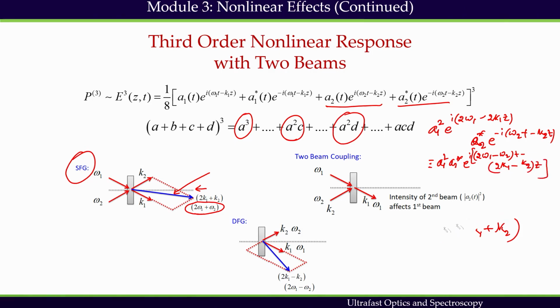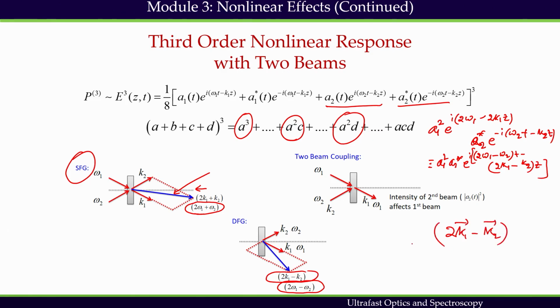So for difference frequency generation, this polarization will create a new beam at the 2 omega 1 minus omega 2 frequency, and the direction is going to be along the 2k1 minus k2 direction, which is shown here.